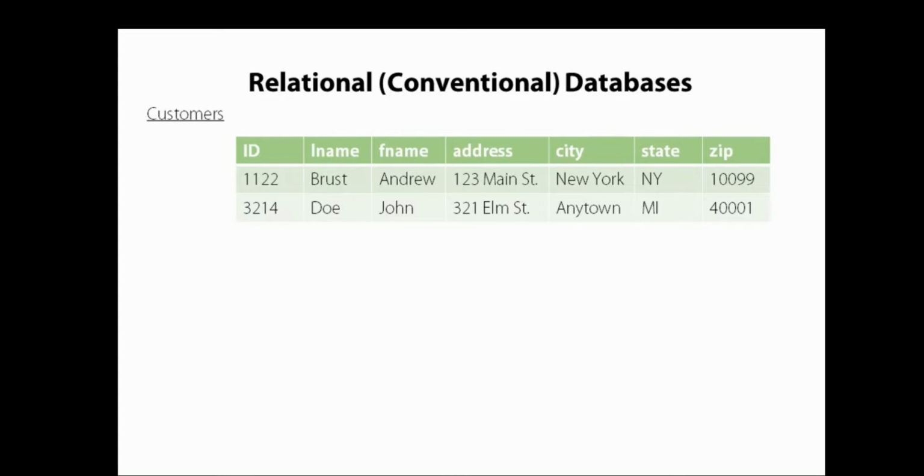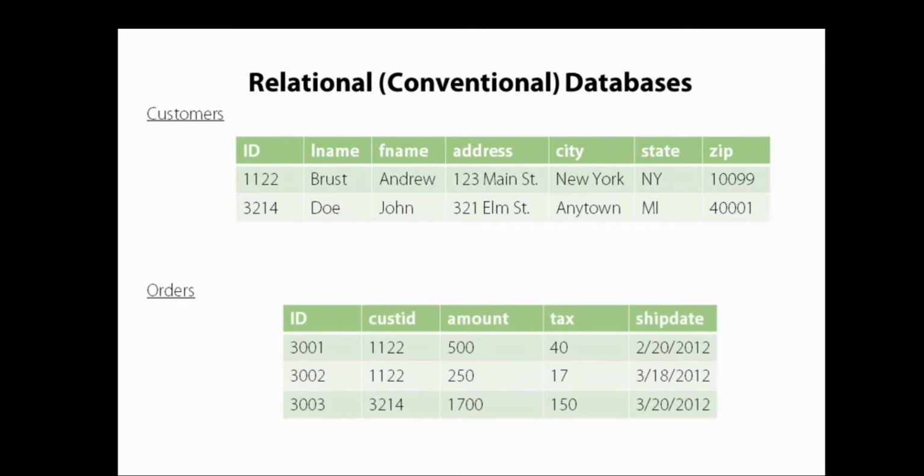And the way that relational databases work is that typically you have multiple tables, and oftentimes you have relationships between those. So we could imagine another table that had orders, and once again, we have an ID field, and we also have data fields for amount, for tax, and for the ship date of the order.